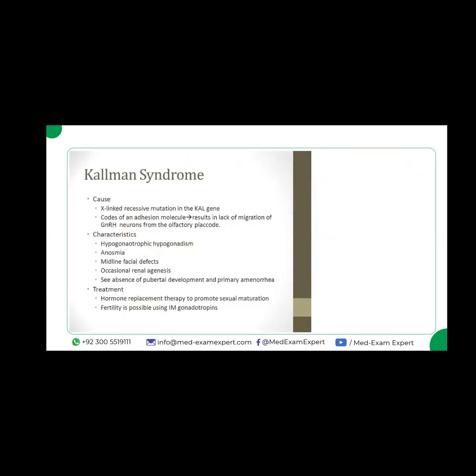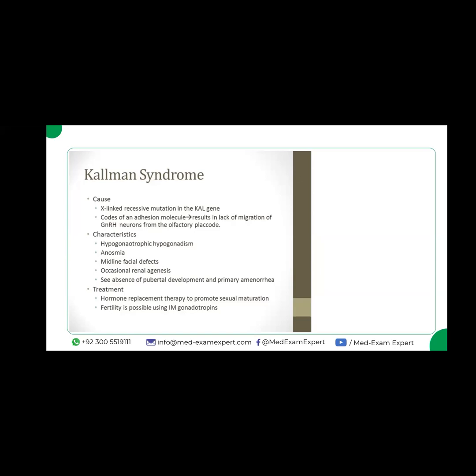So coming towards Kallmann syndrome, which is another cause of amenorrhea, this is an X-linked recessive mutation in the Kallmann gene, which codes for an adhesion molecule, and this results in lack of migration of gonadotropin-releasing hormone neurons from the olfactory placode. These patients characteristically have hypogonadotropic hypogonadism, anosmia, and midline facial defects.